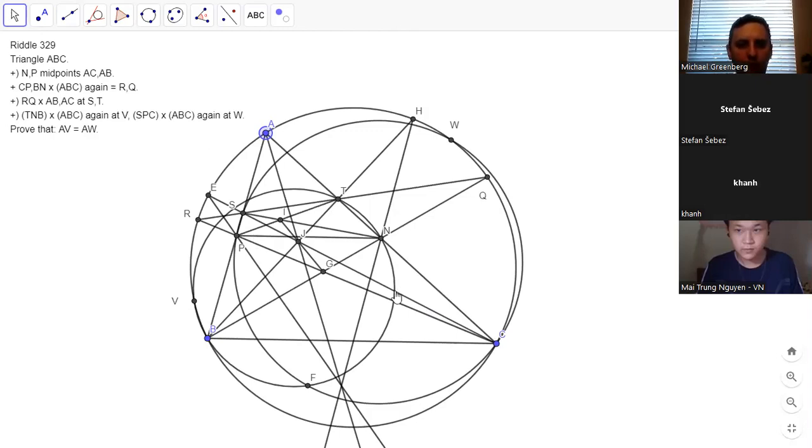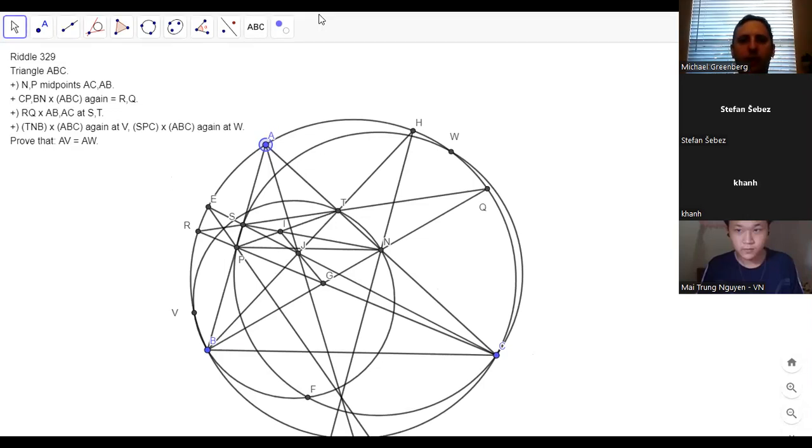Oh, wait, so really we want to show that angle CEP equals BHN. I think that's right. AI is not a symmedian. Okay.